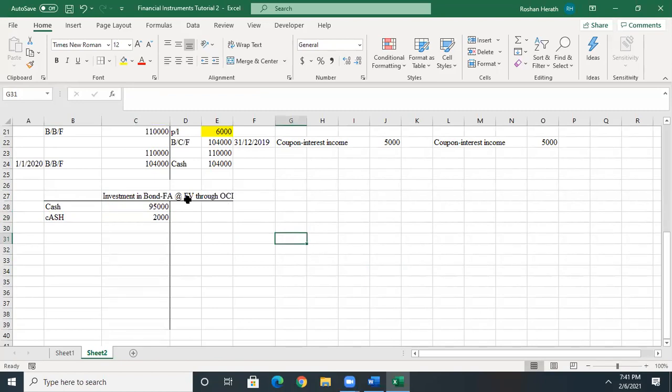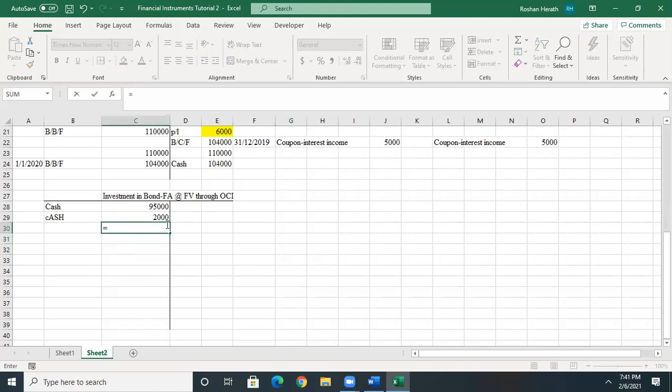Your intention, you are having both intentions. On one hand, you think of holding the instrument till maturity. So therefore, in a way, it is financial asset at amortized cost. So in order to reflect that, what you are supposed to do is take this amount, the amount outstanding at the beginning of the period, right? 97,000.